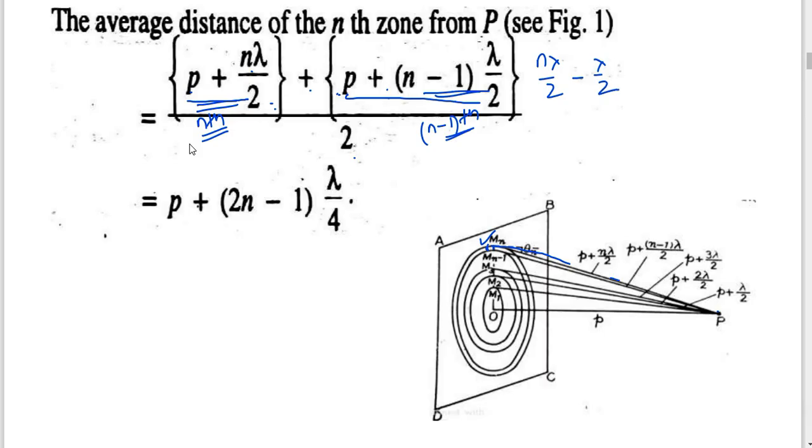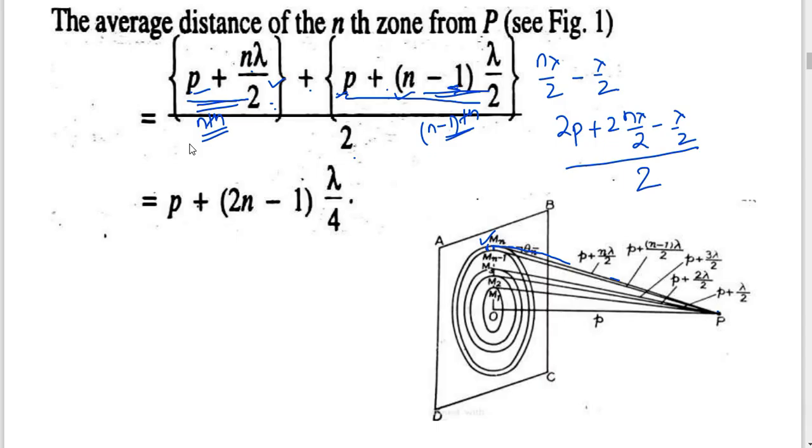So P plus P is 2P. n lambda by 2 plus n lambda by 2 is 2n lambda by 2. And minus lambda by 2, minus lambda by 2. Divided by 2.